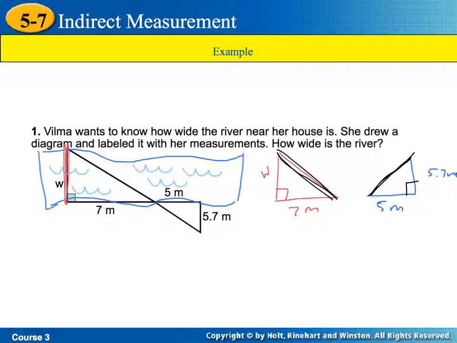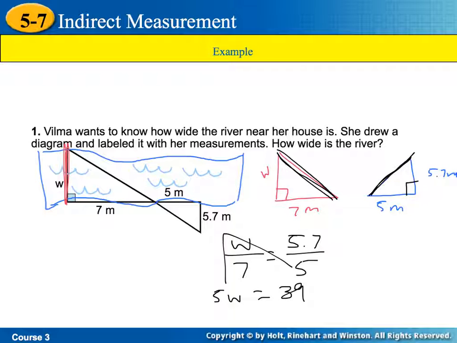So my proportion would look similar to this: W over 7 is equal to 5.7 over 5. Again, setting up my proportion makes it nice and easy. Cross multiply, I get 5W is equal to 5.7 times 7, which is 39.9.